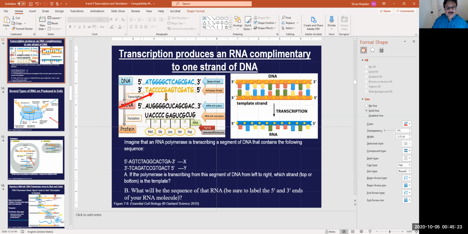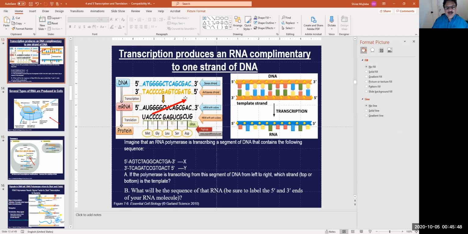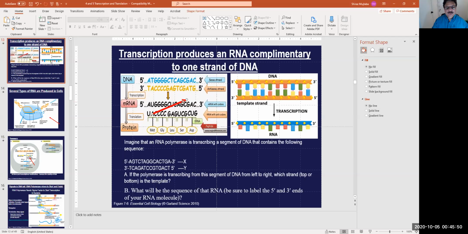So if this yellow strand is serving as a template, the newly synthesized RNA is identical to the strand that is not serving as a template. That strand is referred to as the sense strand. And the strand which serves as a template is called the antisense strand. So, sense strand and antisense strand.